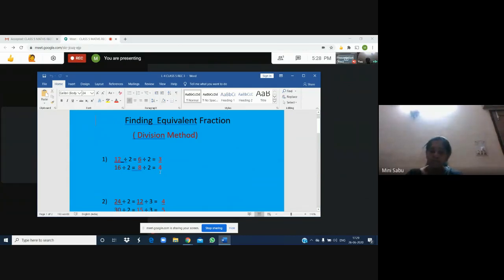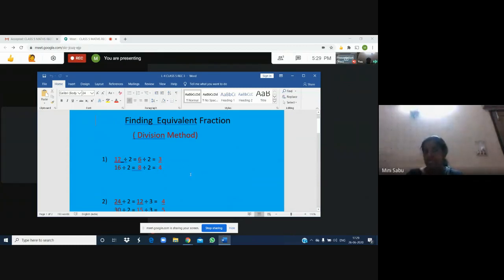Now children, if you try again to make an equivalent fraction, 3 and 4 are such numbers where we cannot find similar divisible numbers other than 1. So we cannot find more equivalent fractions by division method.